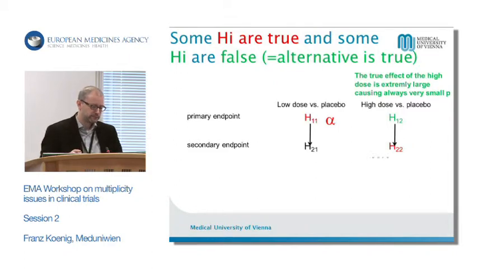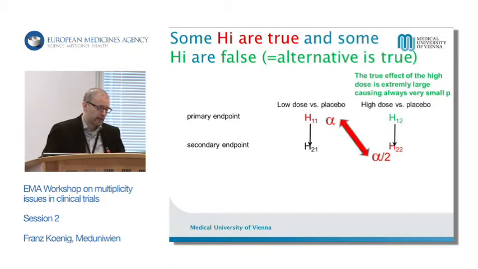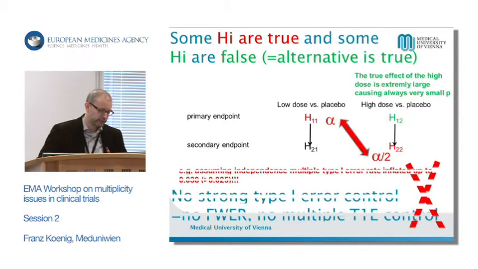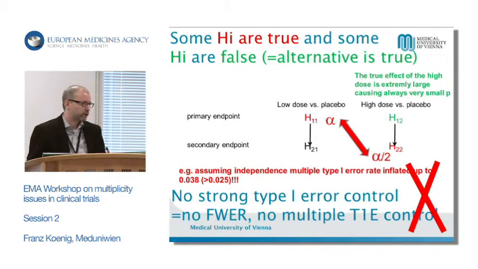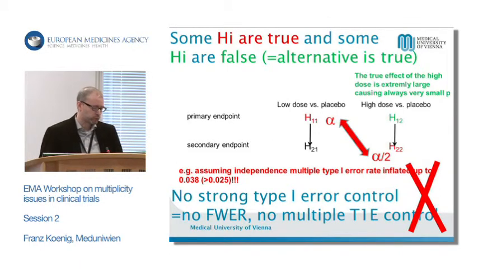Next slide, please. We would add alpha over half additional false positive claims, and here the problem comes in, which means, next slide, please. Here you can see we have a little problem, because now the type 1 error is actually inflated with the proposed procedure.